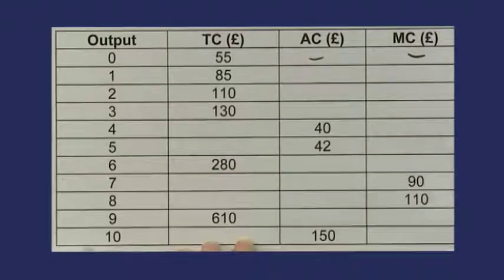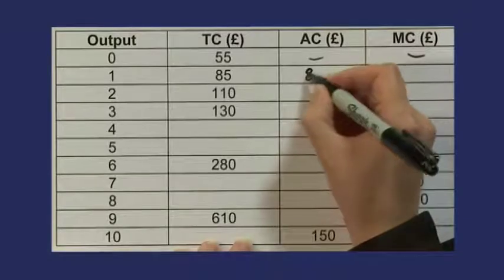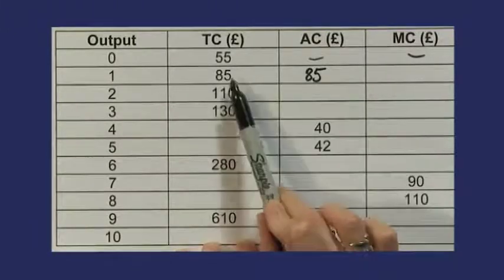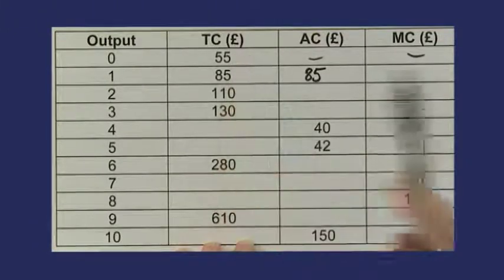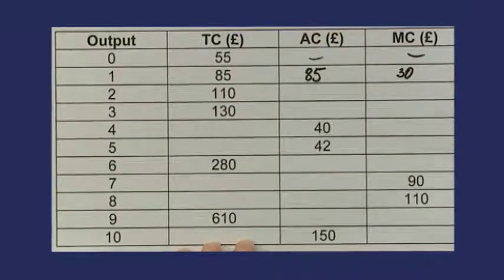So then we are moving to the point where output is 1, total cost is 85, which gives us an average cost of 85. Why is that so? Because we divide total cost by the units of output. What's marginal cost? Well, it's the difference between 85 and 55, which in this case gives us 30.